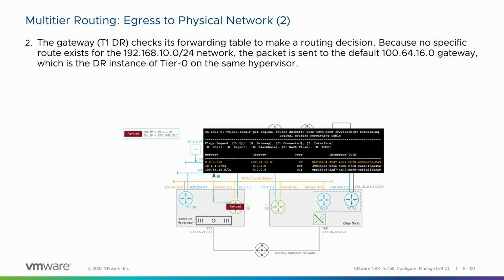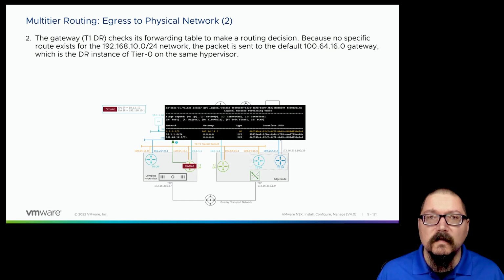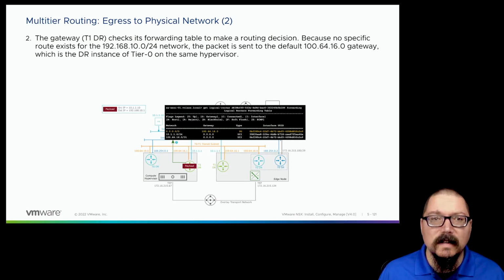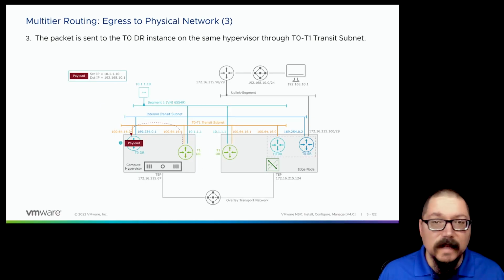The tier 0 distributed router, because it's a DR, also exists on the hypervisor. So what are we going to do? We're going to forward this packet across the tier 0, tier 1 transit logical switch. We're going to forward the packet from tier 1 DR to tier 0 DR. And so that's going to happen right inside the ESXi host here, right at the source hypervisor of this traffic.